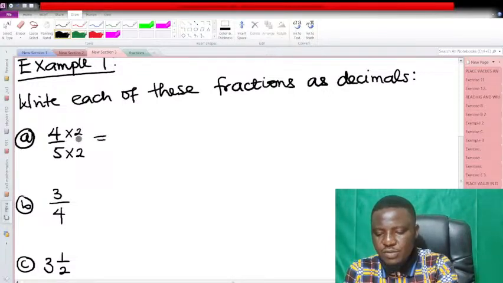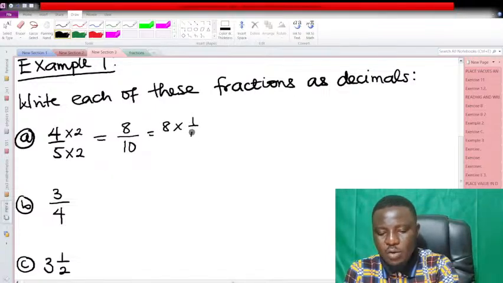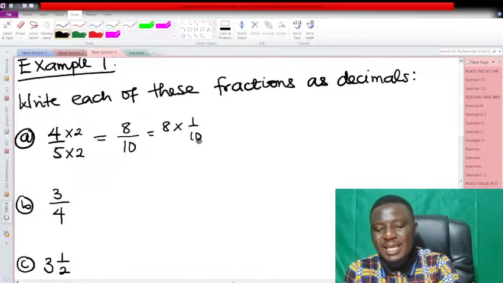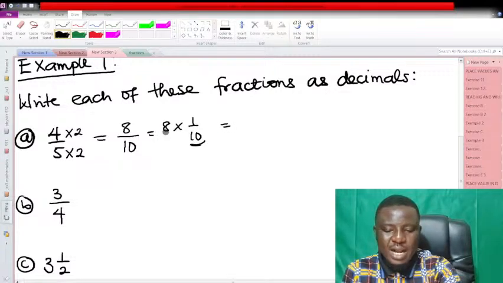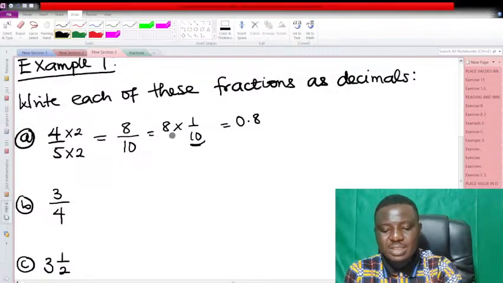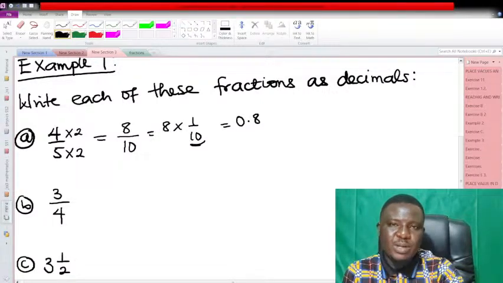So this now gives me a new, equivalent fraction: 4 times 2 is 8, divided by 5 times 2 is 10. And this is 8 times 1 over 10, which has a place value of tenths. Okay? So this can be said to be 0.8, because this is occupying the 10th place value.